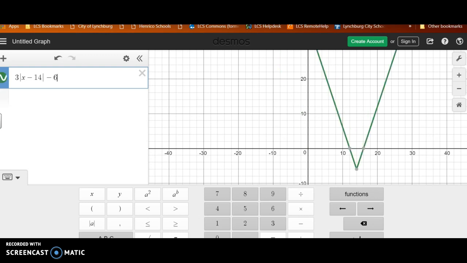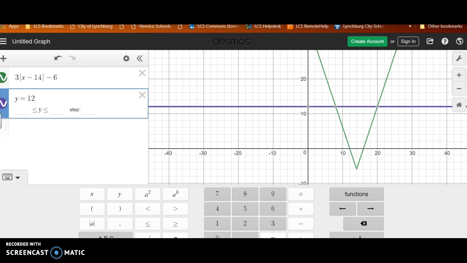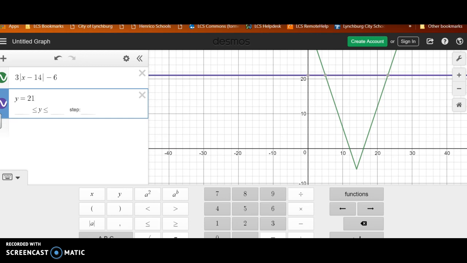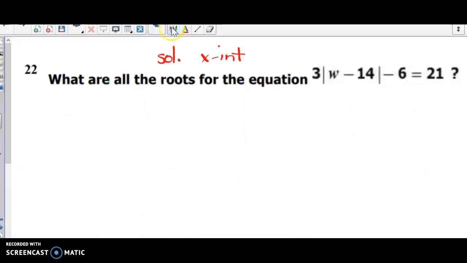Don't use anything other than x, it might confuse it. And then the other one is going to be y equals 21. And so we see where they intersect each other. They intersect at 5 and 23. So we have solutions of 5 and 23.